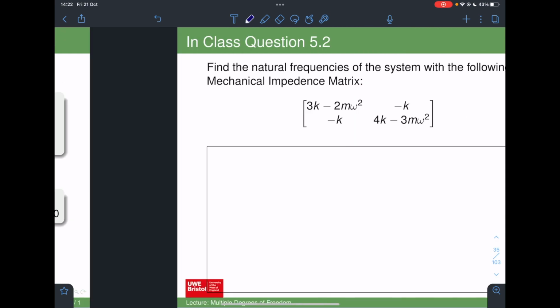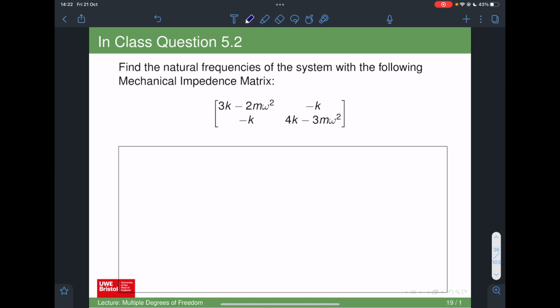Now I think unfortunately, oh well, here we go, you get to have a go yourself. Okay, so find the natural frequencies of the system with the following mechanical impedance matrix. And remember, if you've got a matrix, KD, the determinant is A times D, minus B, C. If you've got A, B, C, D. Okay?